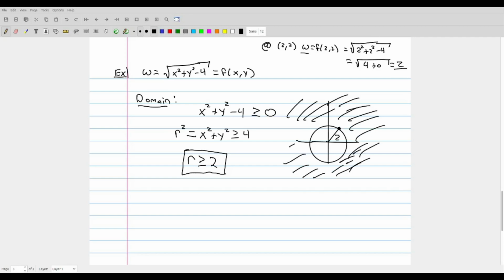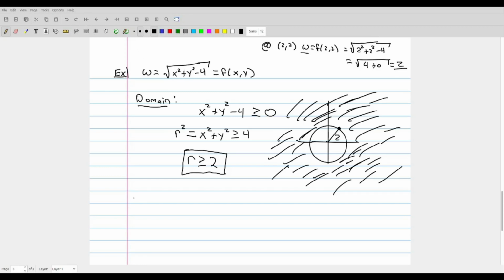So it's all of these points that are outside the circle of radius 2, and it's all points on the circle of radius 2, because this inequality is satisfied when r equals 2. So this is the correct way of solving for the domain of this function.